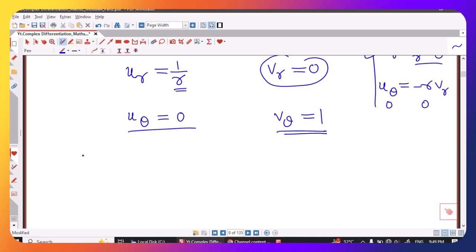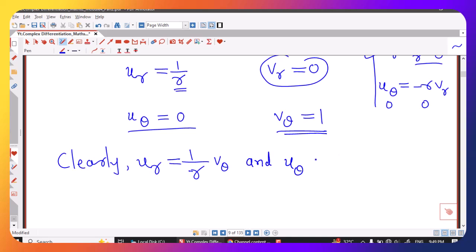So we can say that clearly del u by del r equal to 1 by r times v theta, and del u by del theta equal to minus r times del v by del r.